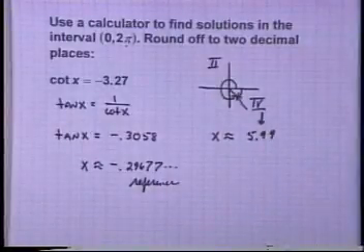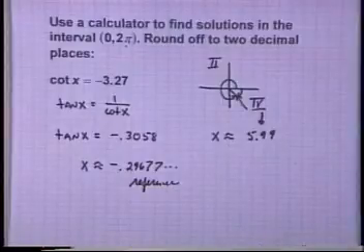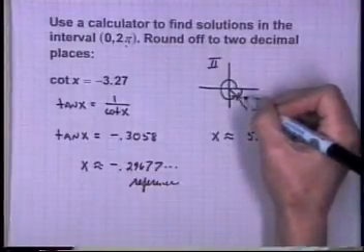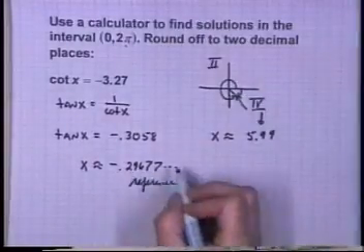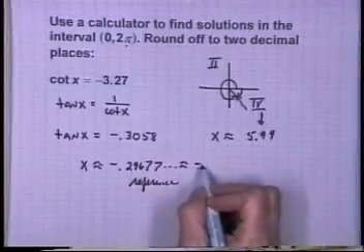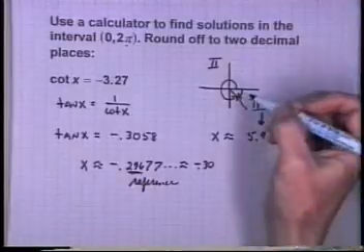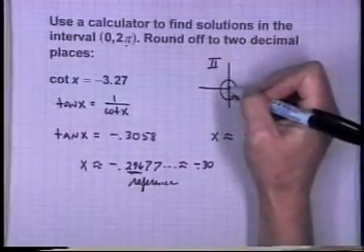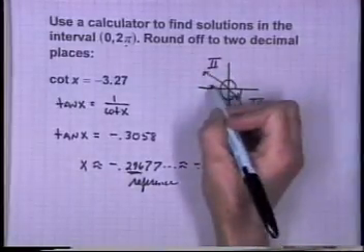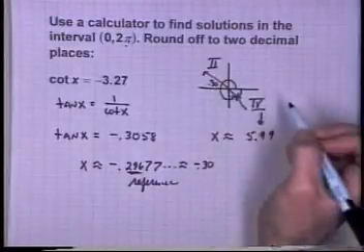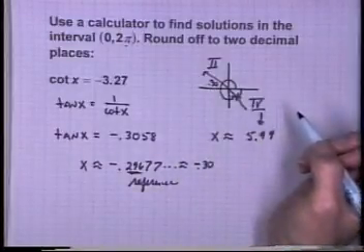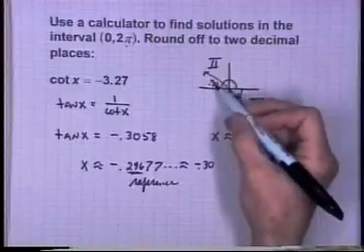So how do I go about getting the quadrant 2 solution? Well, this negative 0.2966 thing here, I'm going to round off to negative 0.30 to 2 decimal places. And so I will use that as a reference over here in quadrant 2. I won't consider it to be negative, but I know that the absolute value of that value will be this reference angle.